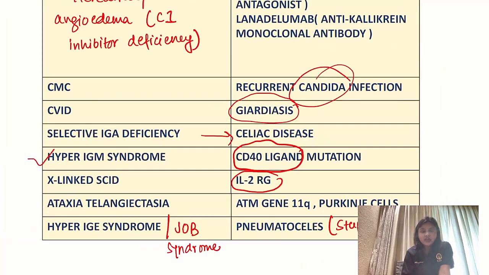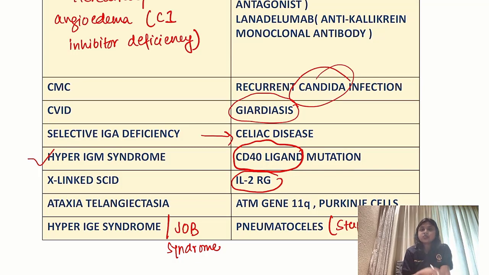Summarizing: recurrent Candida infection in mucocutaneous candidiasis, whereas recurrent catalase positive infection in chronic granulomatous disease. Giardia infection and diarrhea is common in common variable immunodeficiency, whereas pneumatoceles are in hyper IgE syndrome. The primary immunodeficiency where the cerebellum is affected is ataxia telangiectasia.